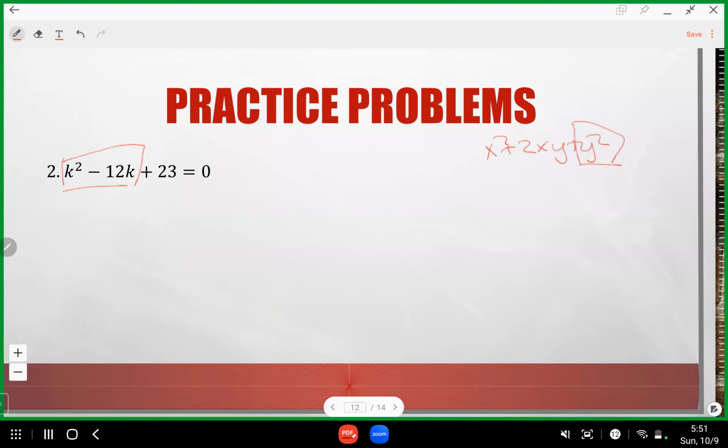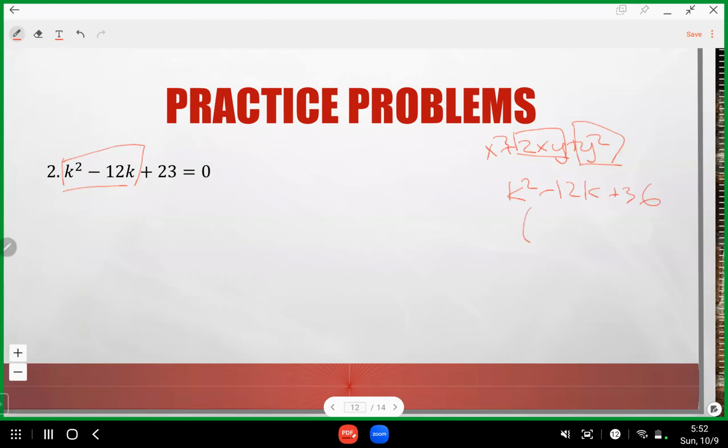You need to find this last number, and this last number is going to be half of this number because it's 2xy, assuming that y is like 1 or something, right? Then you can see that we have negative 12, so y must be half of that. It's going to be negative 6. So the perfect square is going to be k squared minus 12k plus negative 6 squared, which is plus 36.